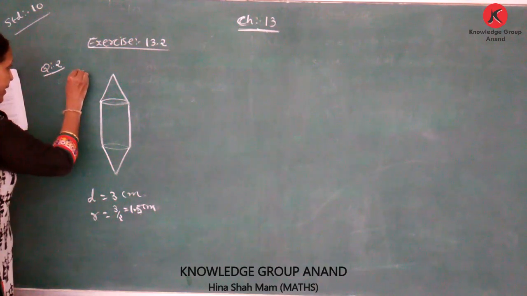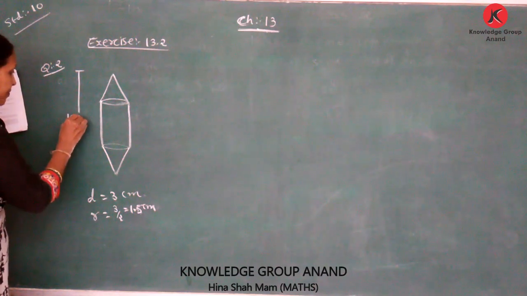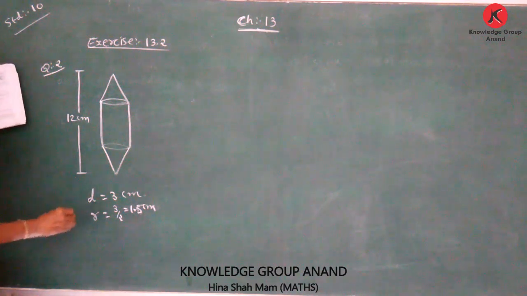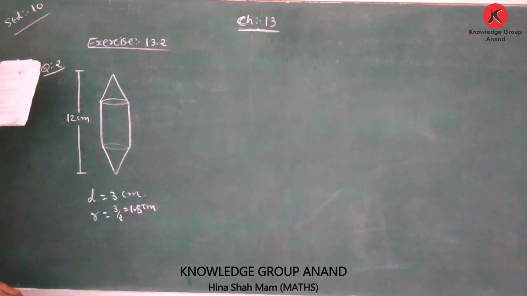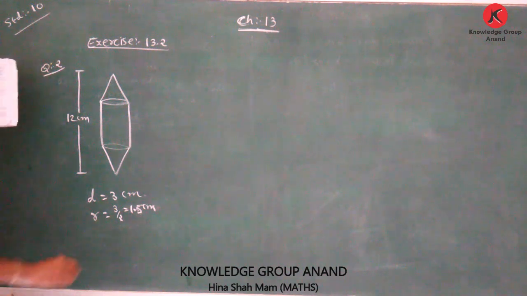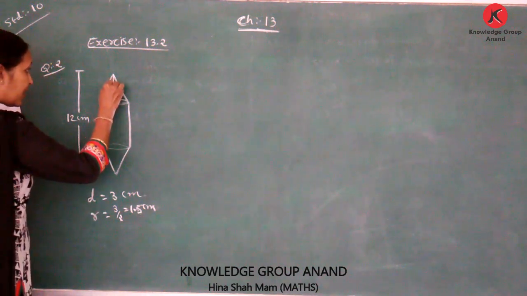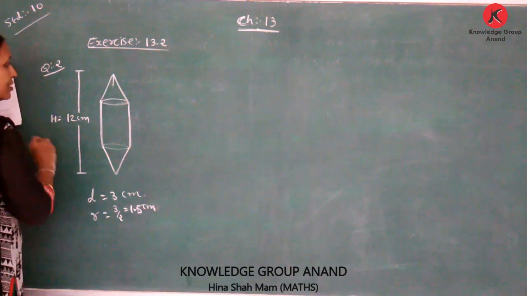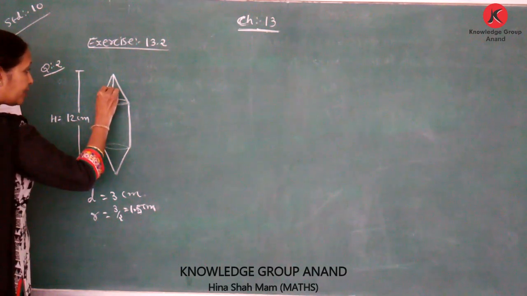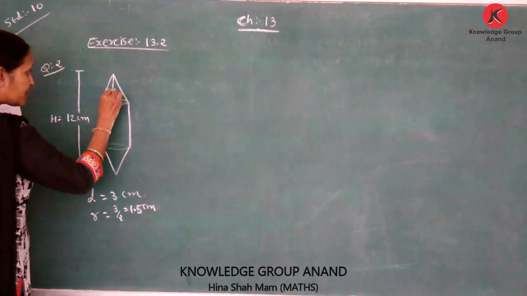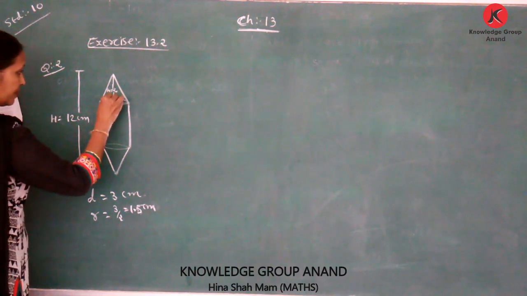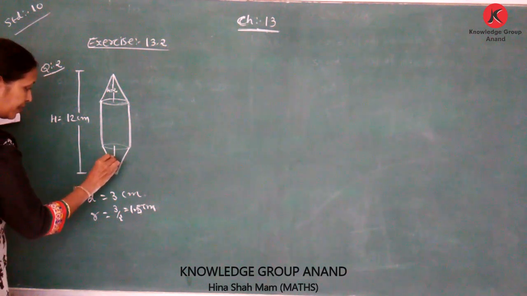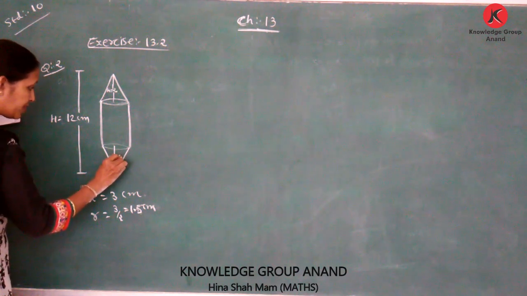Here, the total height is 12 cm. Each cone has a height h equal to 2 cm.